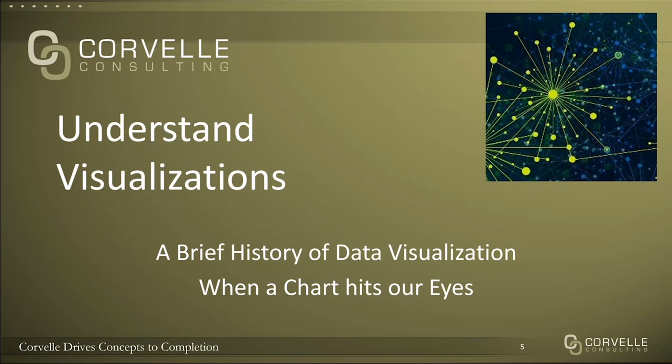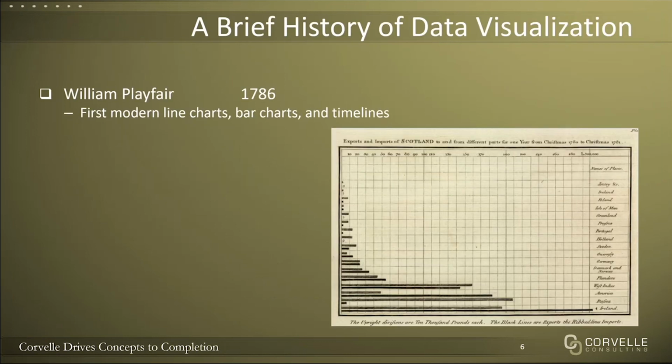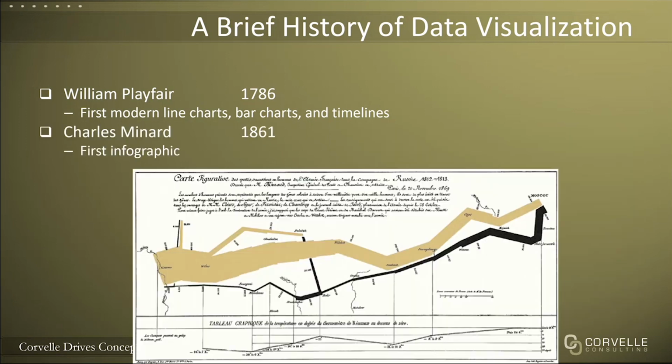So we'll start with understand visualizations and a very brief history of this work, and then we'll talk a little bit about physiology, actually, about what actually happens when the chart hits our eyes. So this all started way back in 1786 with the first publication that showed modern line charts, bar charts, and timelines.